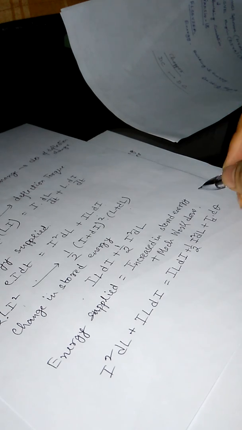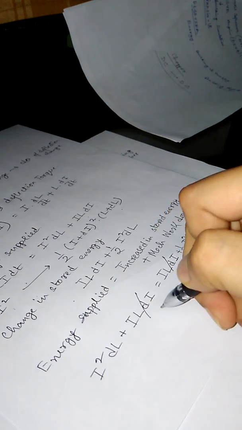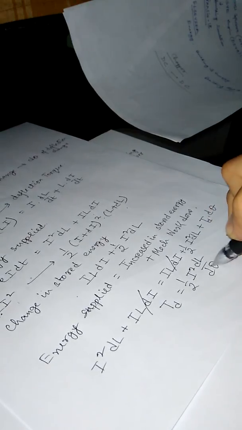From this equation, this term is going to be cancelled out, and Td will equal half I square dL by d theta.